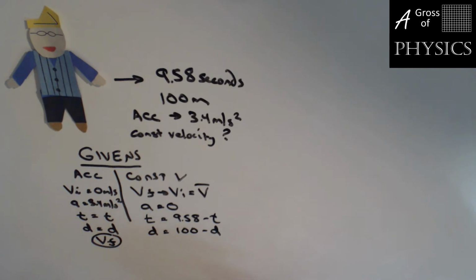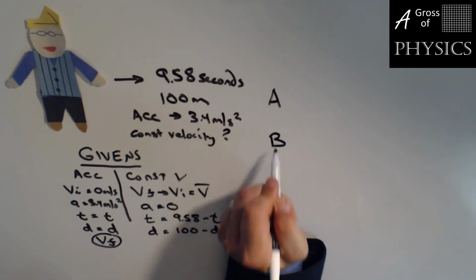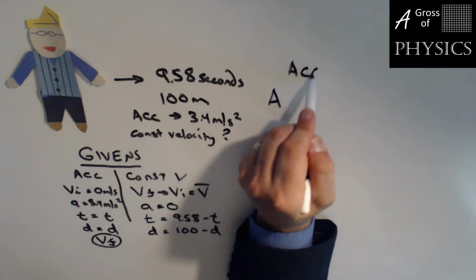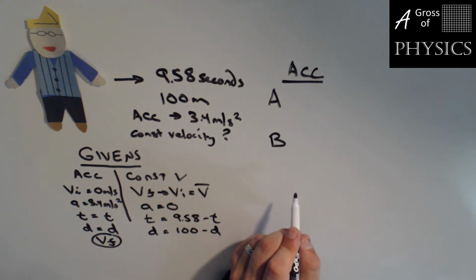What we'll do now is find 3 equations that will allow us to solve for the final results. And what I'm going to do is call them A, B, and C. A and B are going to be part of the accelerated motion. C is going to be part of the constant velocity.